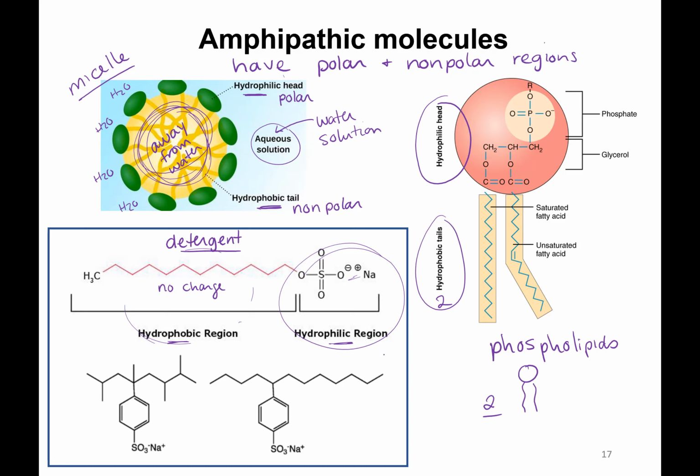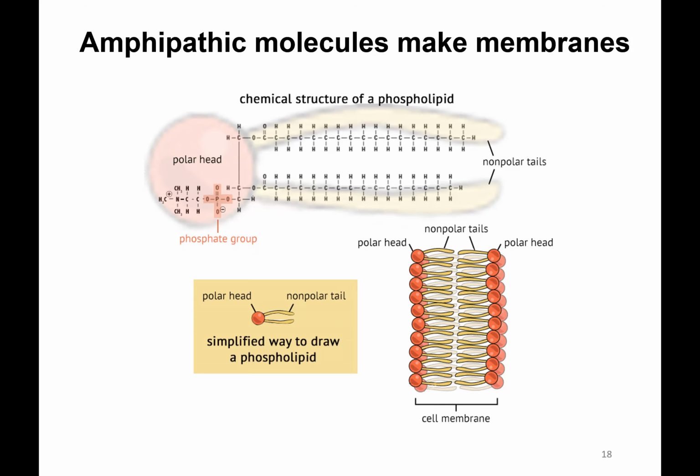So, amphipathic molecules help make membranes. So we already just talked about a phospholipid. It's got a polar head and 2 nonpolar tails. And when they come together, they form something called a bilayer. Bi in biology means two layers. So a cell membrane has 2 sets of phospholipids.